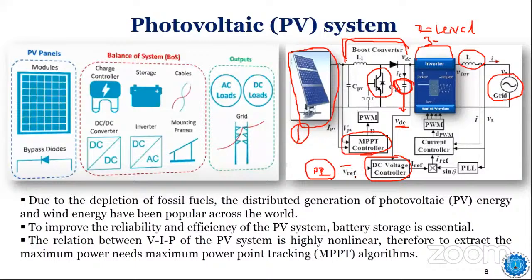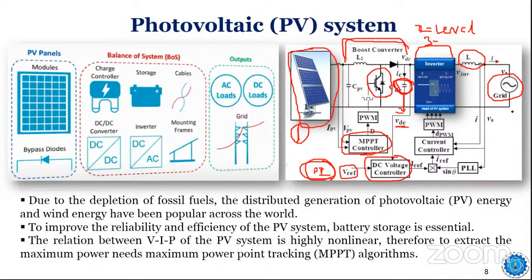Let's suppose our set value is 300 volt, but there may be some fluctuation in practice. It may go to 280, 285, 290, 295, like that. So that fluctuation needs to be reduced. That error will be processed through the PI controller, and it will try to maintain the required DC link voltage almost constant.